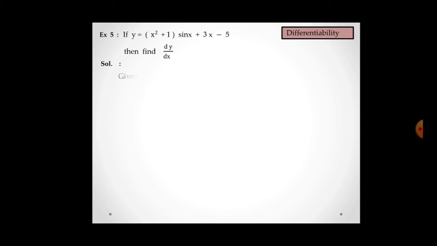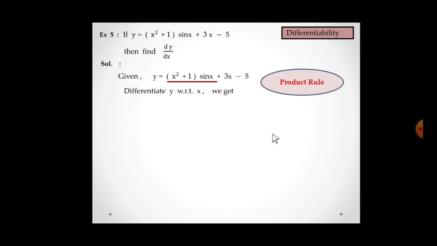Okay, so first you write the given function, y is equal to x square plus 1 sin x plus 3x minus 5, and differentiate y with respect to x. Now here, first for this product we have to use the product rule. dy by dx equal to, now what is the product rule? Keep one function as it is, that is sin x or any one.